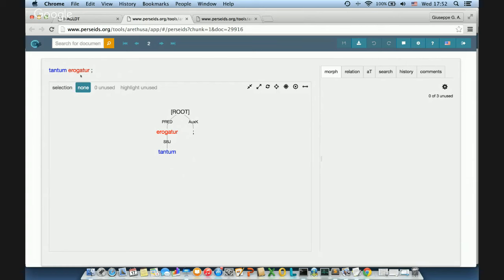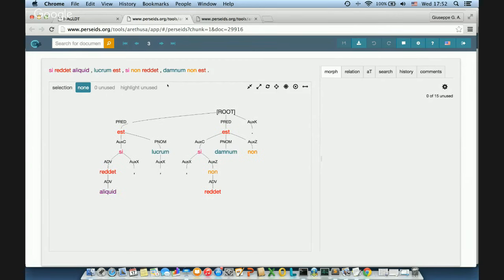Again, as you can see, it's just through treebanking that we had the possibility to focus on this problem. Let's go on with another, in my opinion, good example. So here we have another sentence.